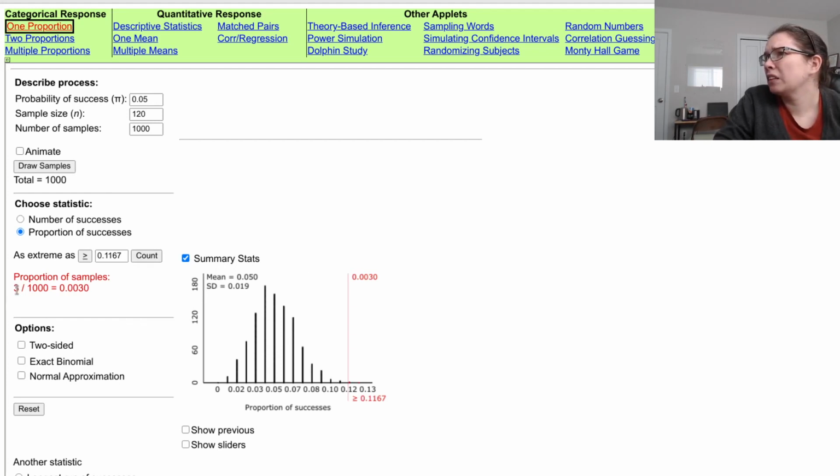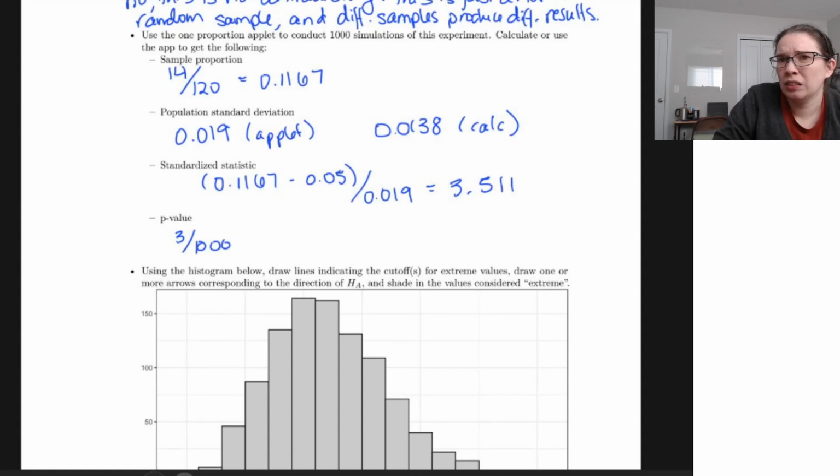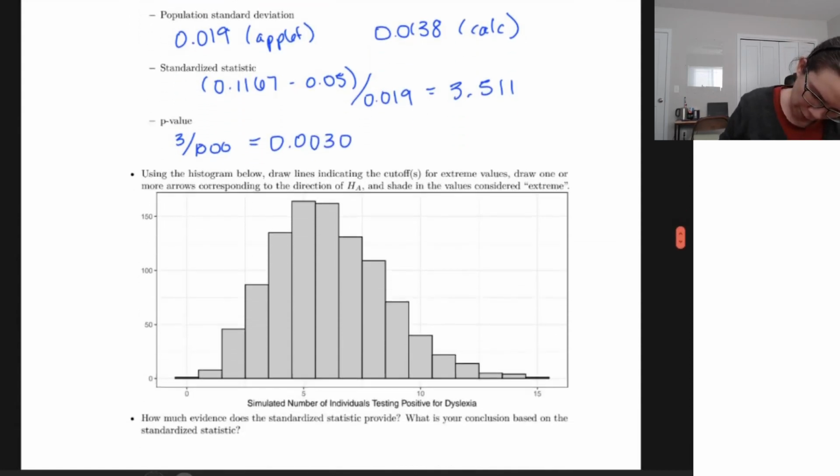Okay, so we have a p-value of 3 over 1,000, right? Okay, 3 over 1,000 equals 0.0030. Okay.